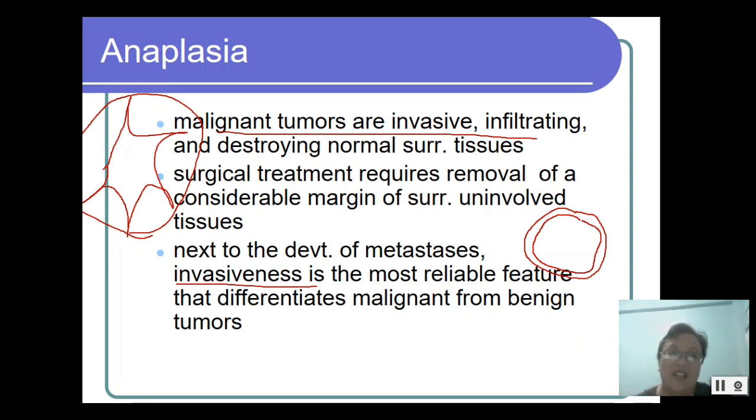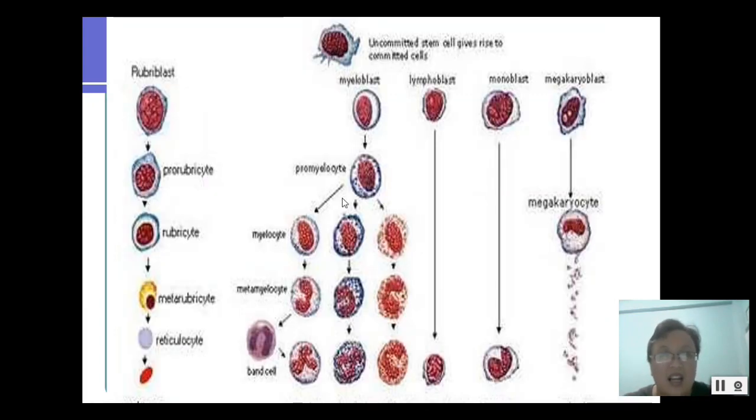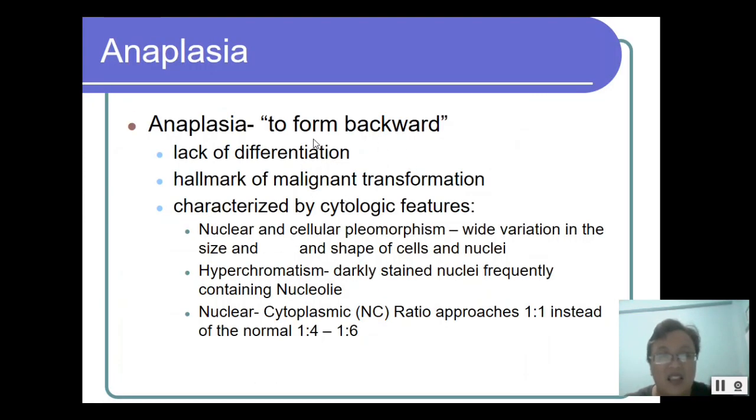One characteristic of tumors is that the cells are forming backwards. So, they look like the younger version of the cells.